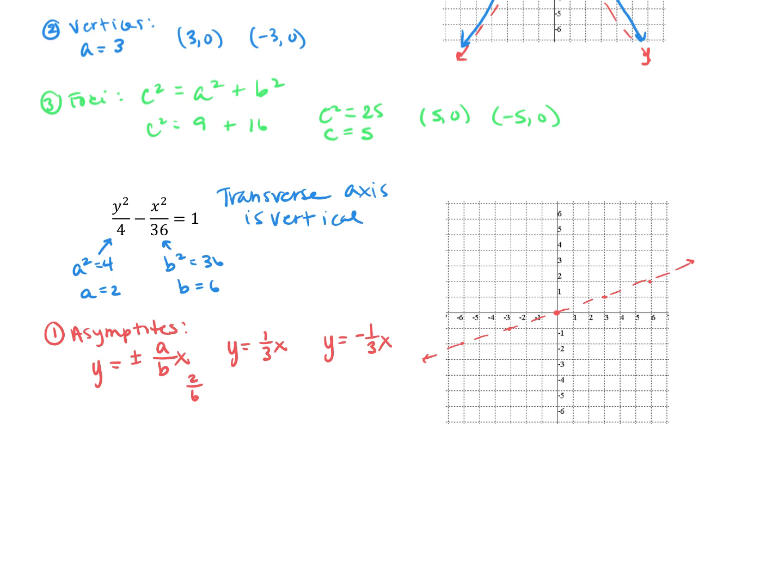All right, so there's our y equals 1/3 x asymptote. The other one is a negative 1/3 x. So back at the origin, we go down 1 to the right 3, down 1 to the right 3. Backtrack to get the other half, and we are going to draw in our asymptote. There we go.